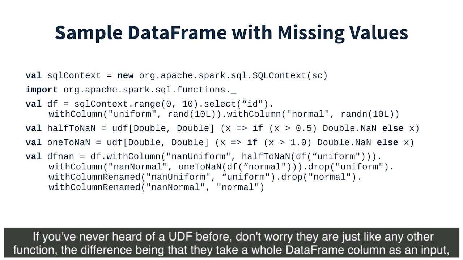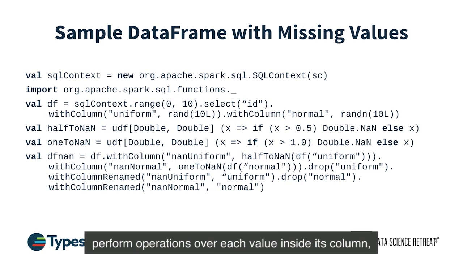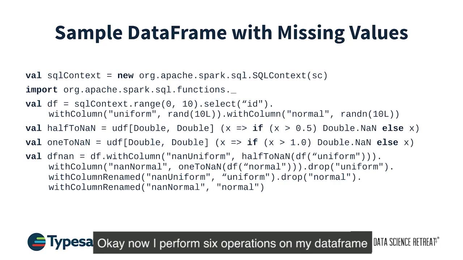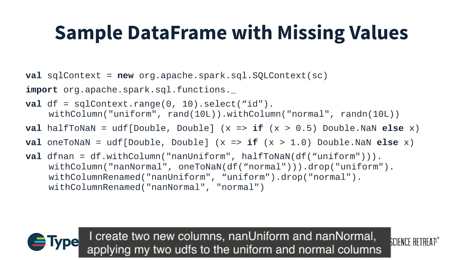The difference being that they take a whole data frame column as an input, perform operations over each value inside its column, and output the results as a new data frame column. Okay, now I perform 6 operations on my data frame. I create 2 new columns, NaN uniform and NaN normal, applying my 2 UDFs to the uniform and normal columns.